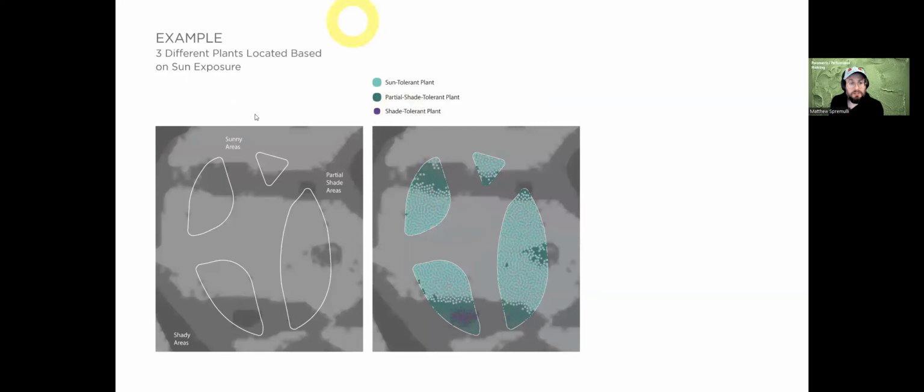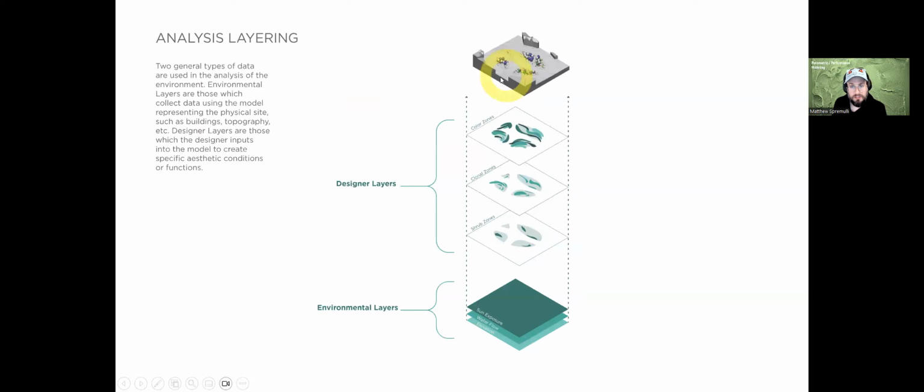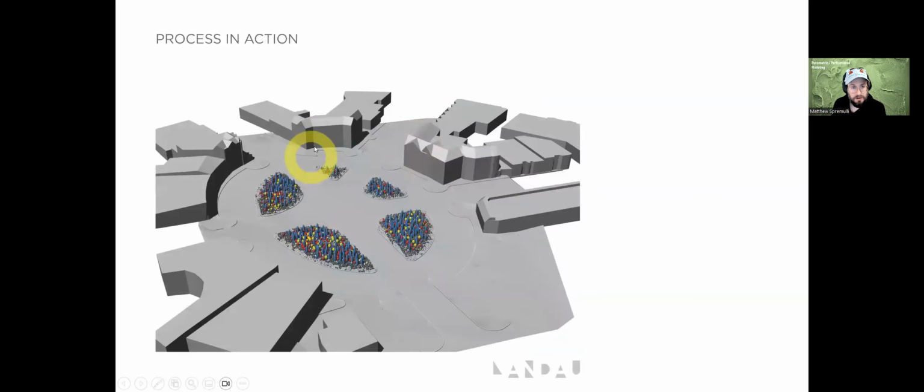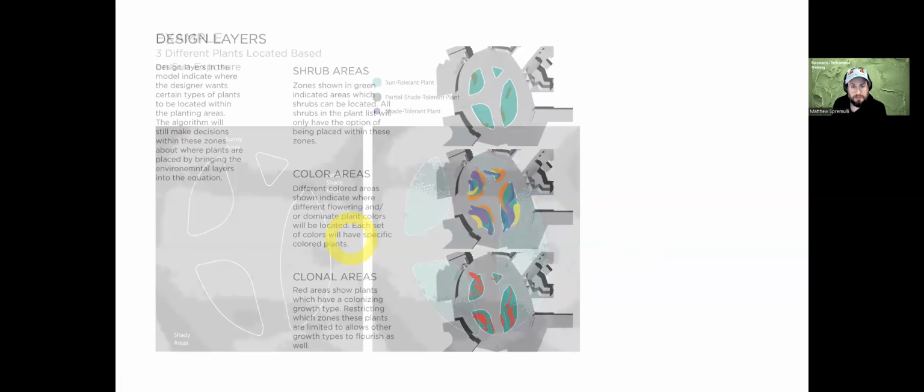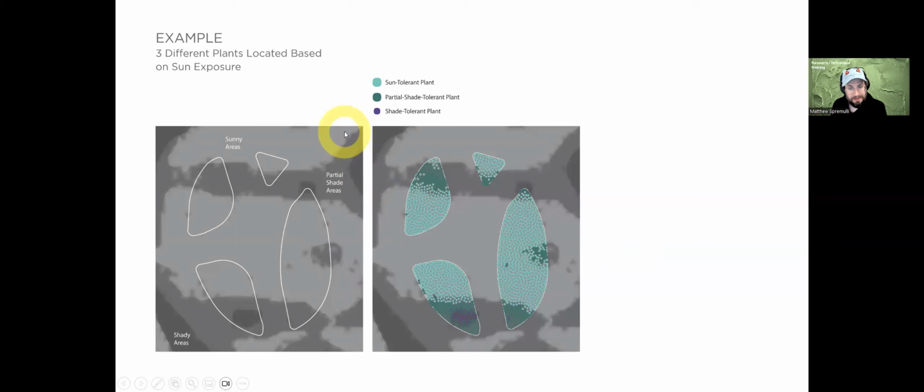So the example here that they have of that same process is this example here. These garden planting zones, in this kind of square or plaza, and they wanted to take into account shading from these peripheral buildings on the plants itself. So in this case, they had 3 different plants based on sun exposure.